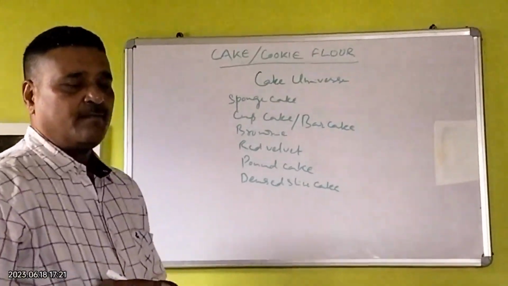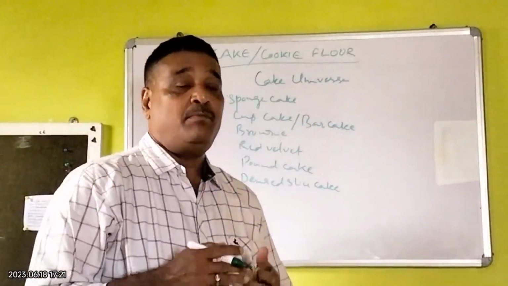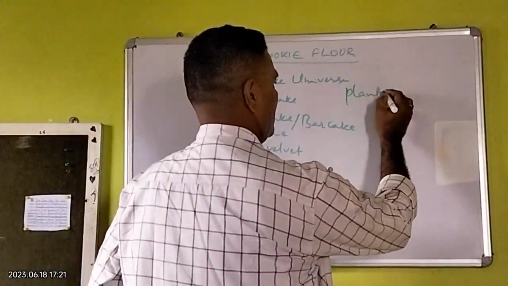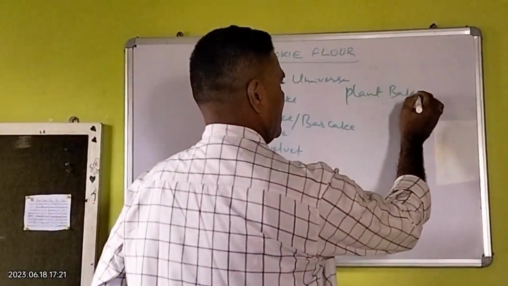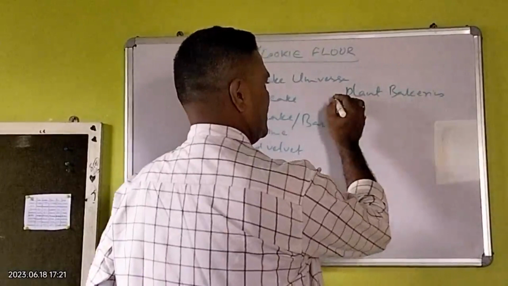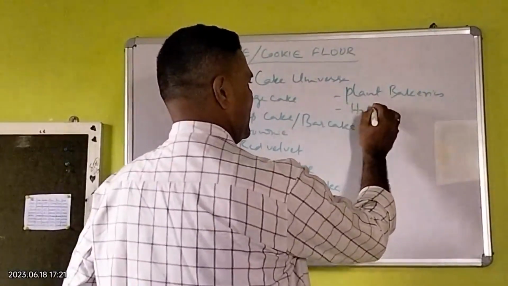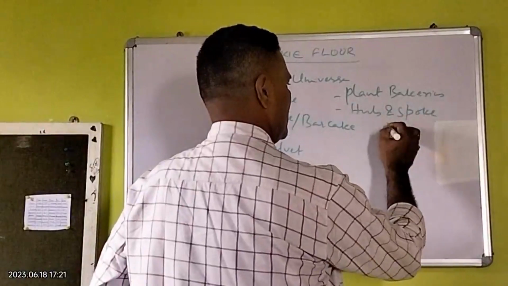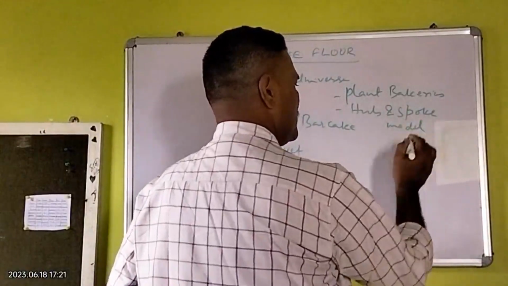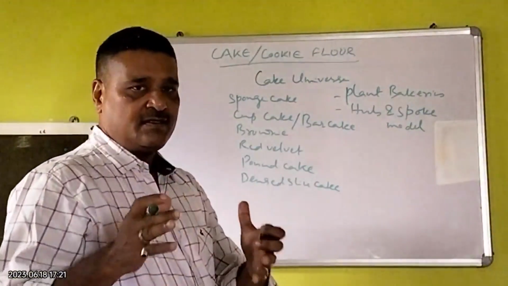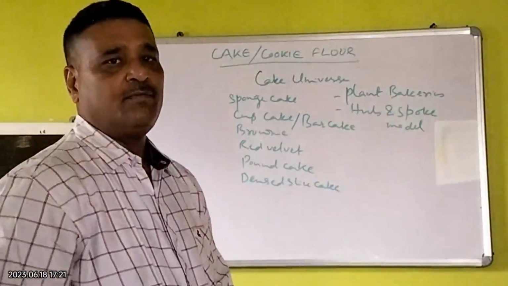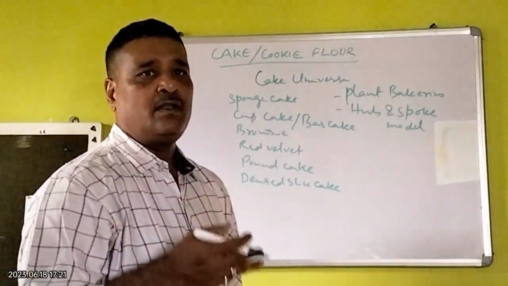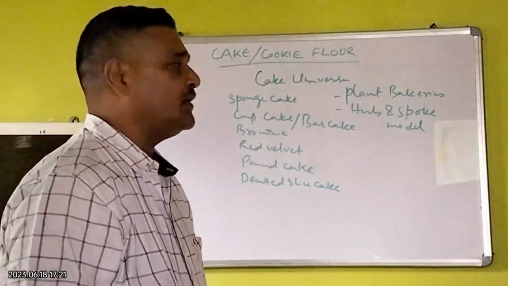Now, cakes which are prepared by plant bakeries, produced by hub and spoke model bakeries. The meaning of hub and spoke model is that there is a central kitchen and then they supply to the franchises two deliveries, early in the morning and later in the evening.